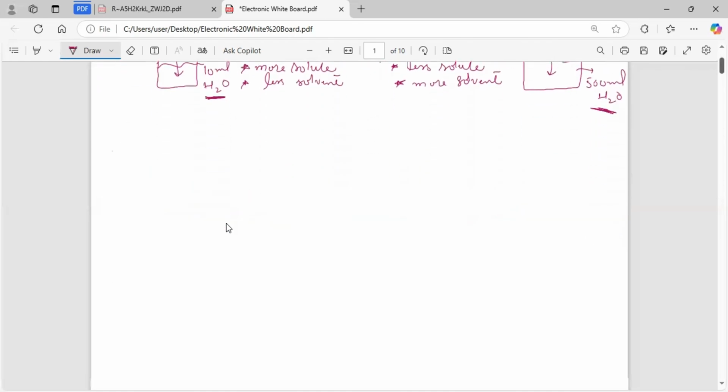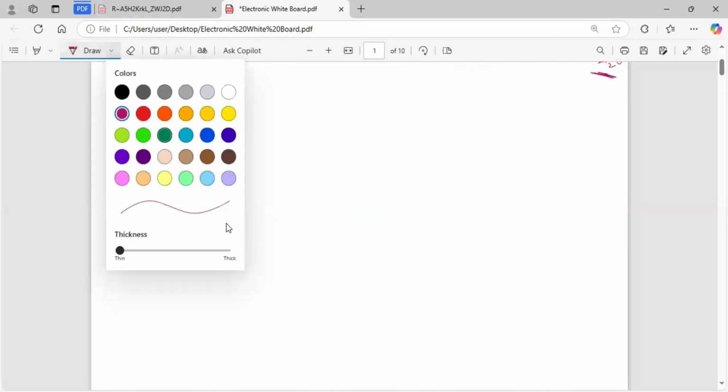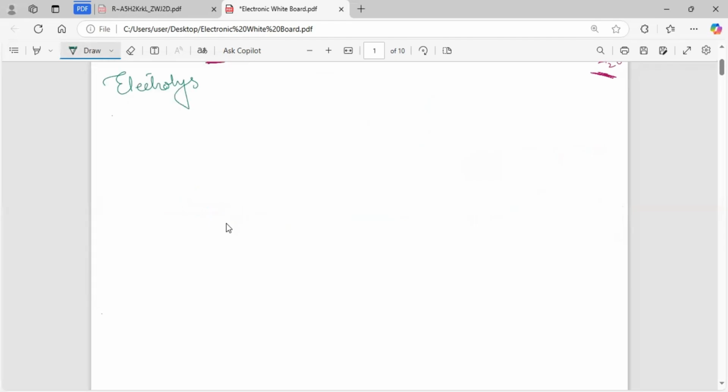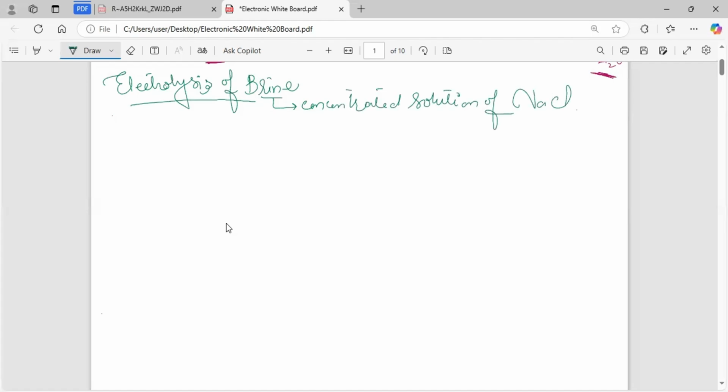Now the first one is electrolysis of brine. What is brine, by the way? Brine is a concentrated solution of sodium chloride, the table salt. Again, we will be using a simple container.